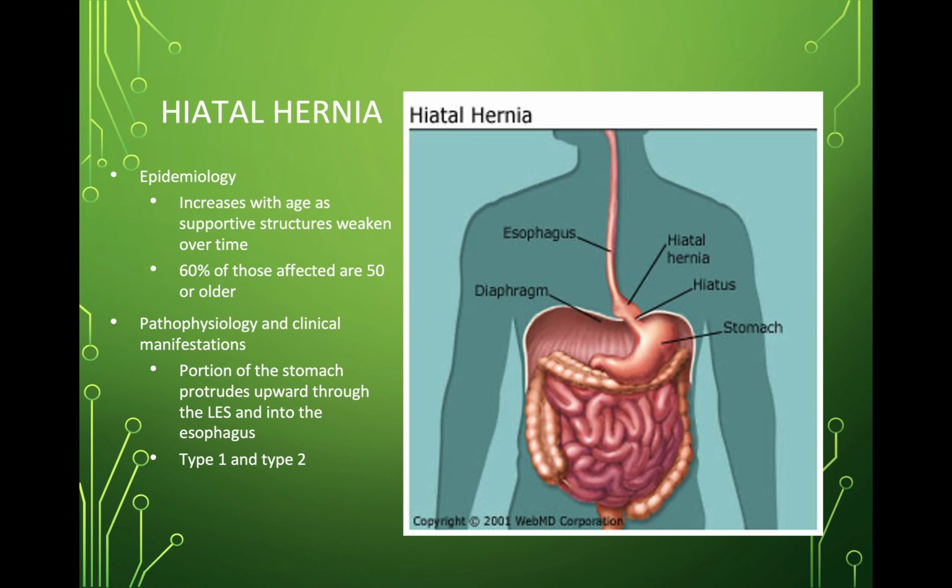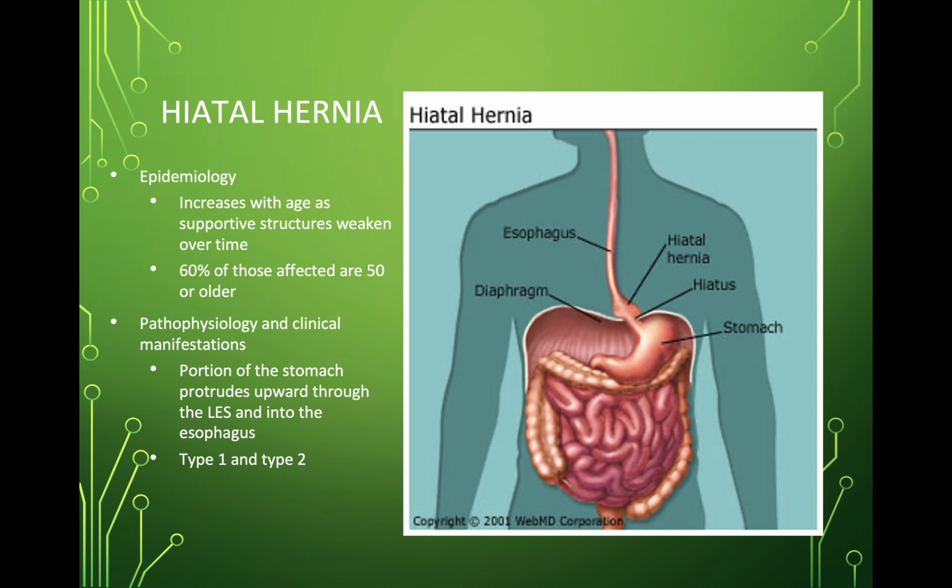All right, so moving into what we call hiatal hernia. Essentially, what has happened with a hiatal hernia is part of the stomach is allowed to either slide up the esophagus or roll next to the esophagus.